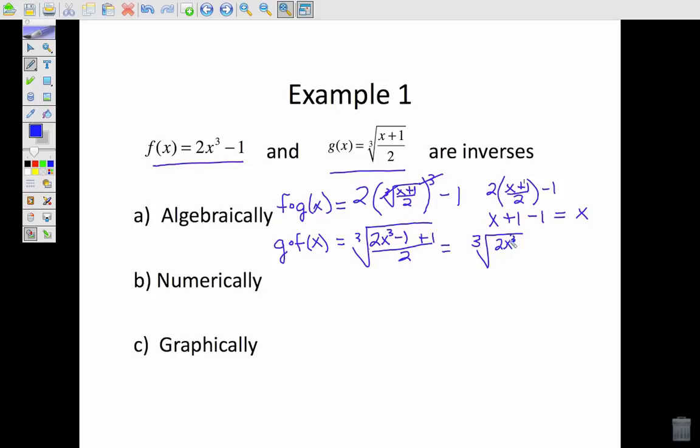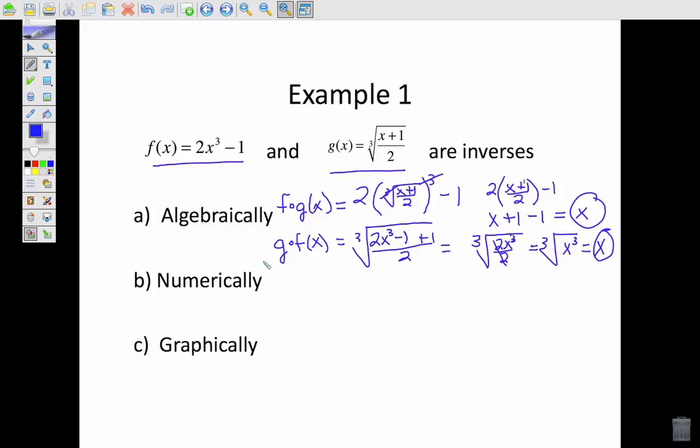If you add the 1 and negative 1 together, you get 0 over 2. This is equal to cube root, divide by 2, they cancel, x to the third. Cube root of x to the third is x. So yes, indeed, they are inverses of each other because we're showing both compositions equal x.